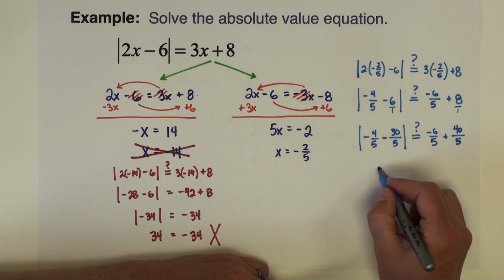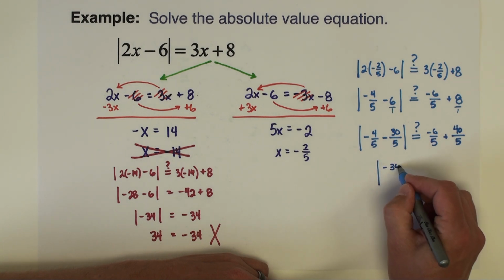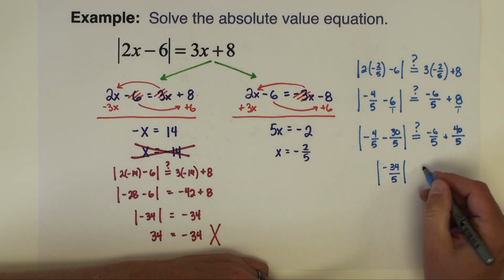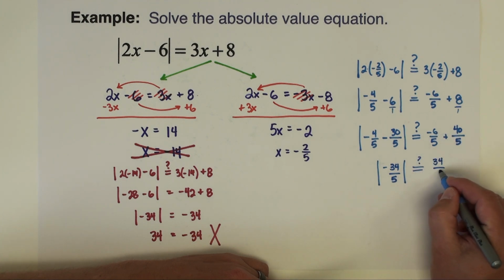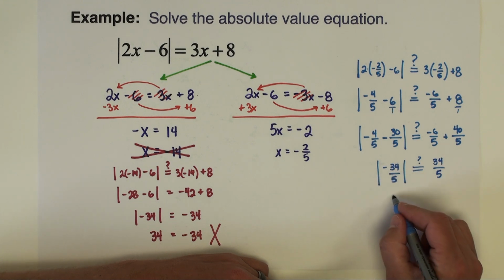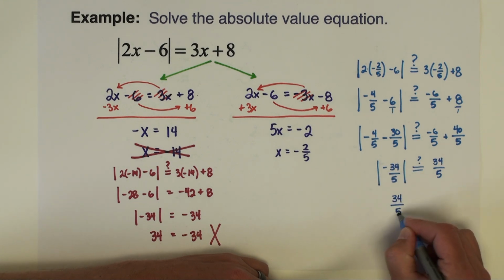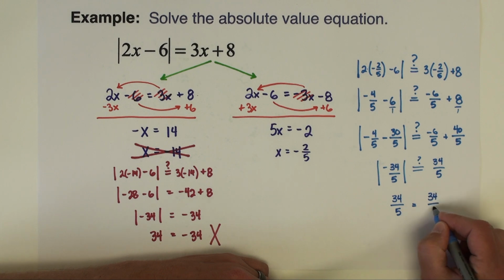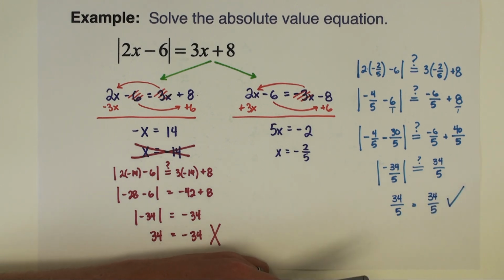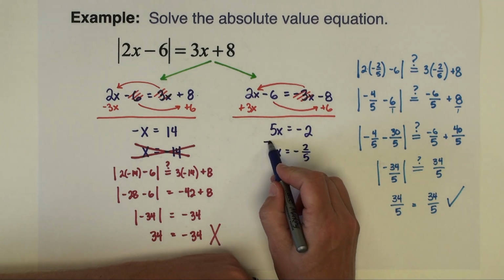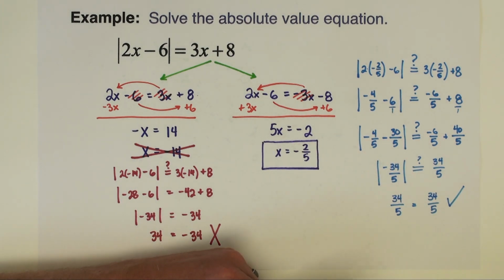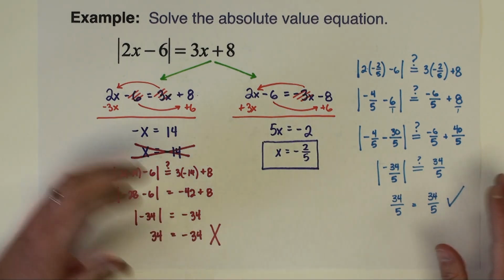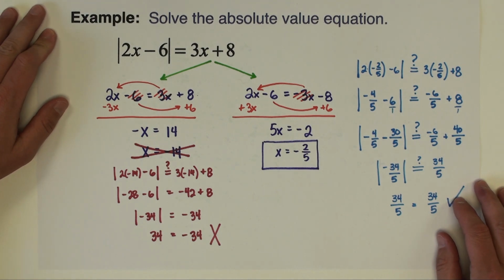So now combining, we get absolute value of negative 34/5. And over here we have 34/5. The absolute value turns that positive, so we get 34/5 equals 34/5, and that checks out. So our solution to this equation, we have one single solution, and it's this negative 2/5. That worked.